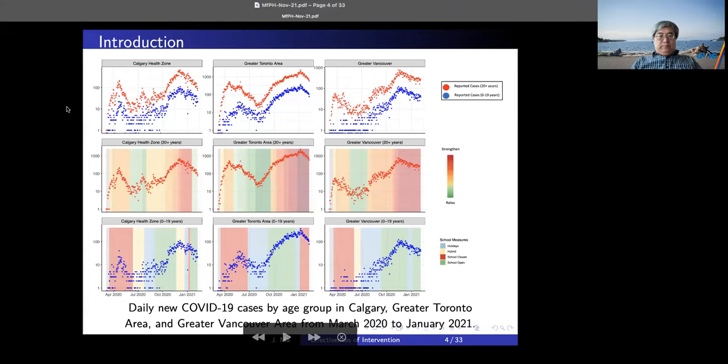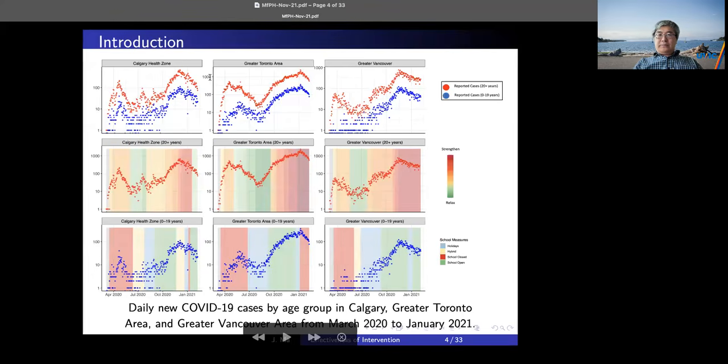If we just concentrate on the first panel, the cases in the two age groups are plotted together on the same scale, and you can see that the red dots and blue dots form two curves that are parallel to each other.